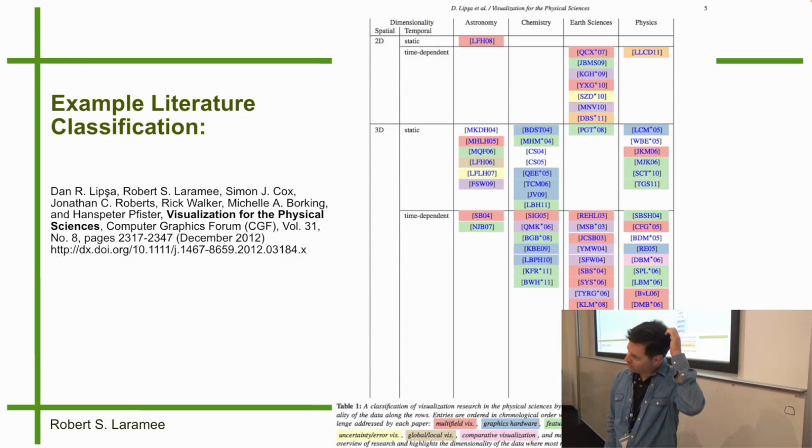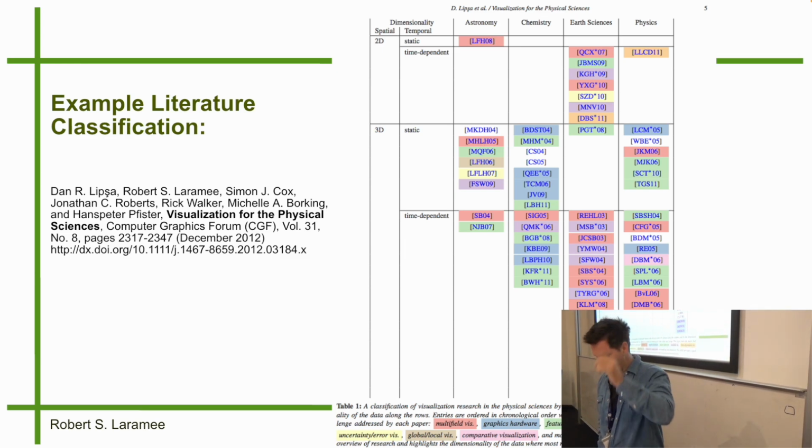That's just an example. Oh, by the way, I forgot the color. There's color, which is the 3rd dimension. The color identifies the main challenges addressed in each paper. So that's quite advanced, right?